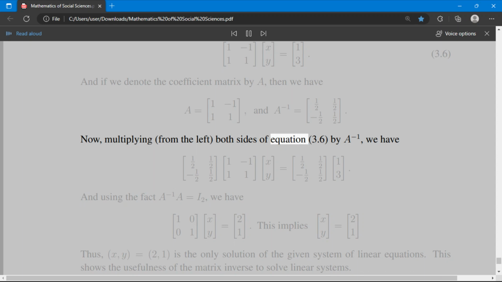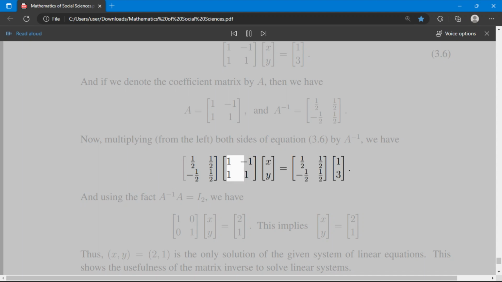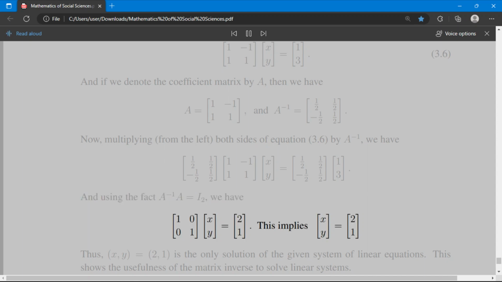Now, multiplying, from the left, both sides of equation (3.6) by A^-1, and using the fact A^-1 A = I2, we have [1 0; 0 1][x; y] = [-1; 2].